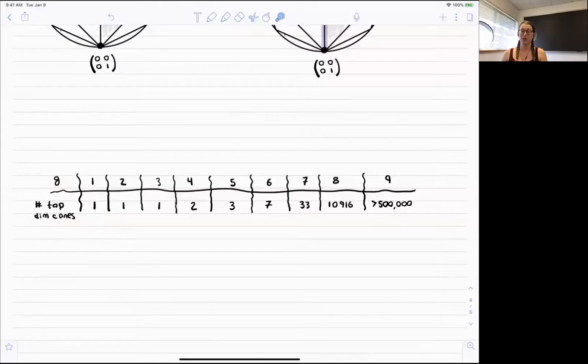And this is very much in the spirit of what Sam Payne, Melody Chan, and Soren Galatius did for the moduli space of curves. So I think that's the next question: how can we construct classes combinatorially via this chain complex? And I'll stop here and thank you all for listening.